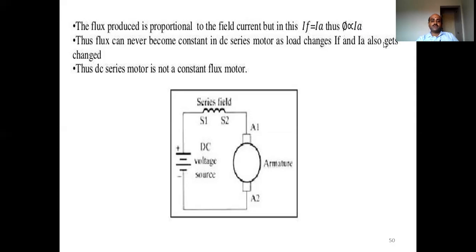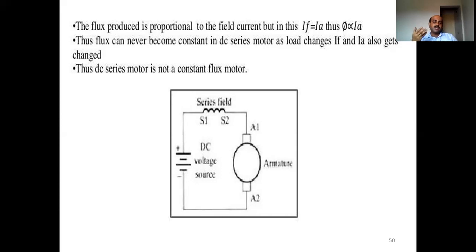IF and IA also get changed, because as the load changes, both IF and IA are going to change. When IA and IF both change, the flux will never remain constant.